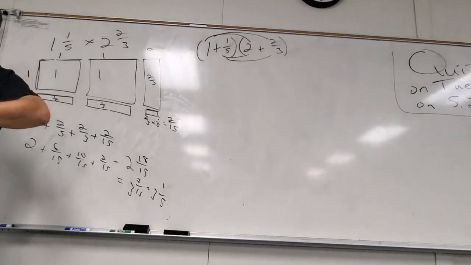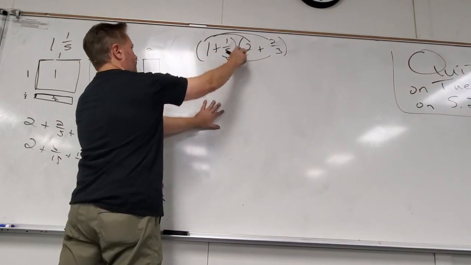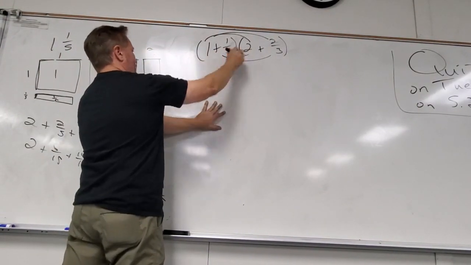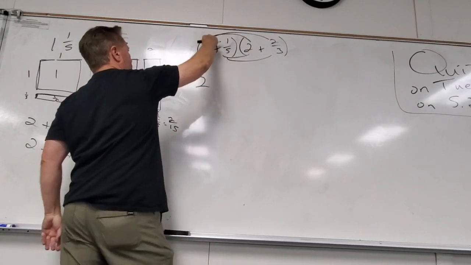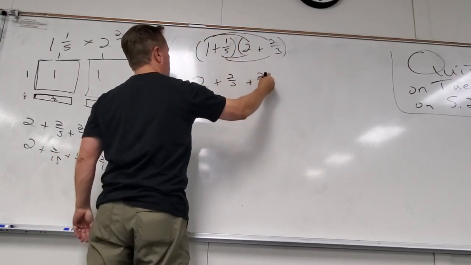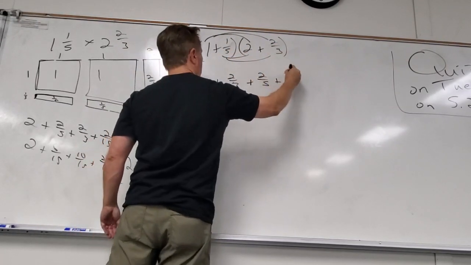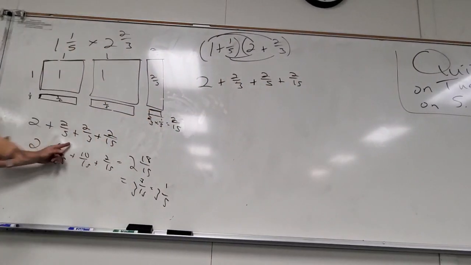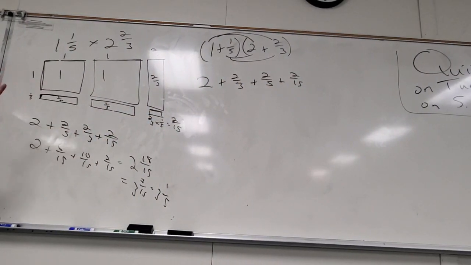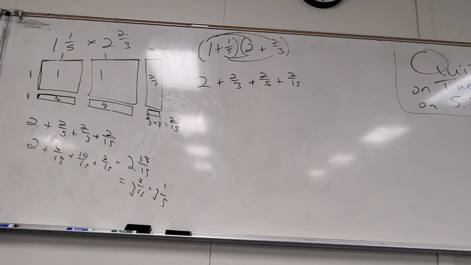It makes it feel like, oh, I couldn't do it if I didn't know that. So what do we get? You get 2 plus 2/3 plus 2/5 become a 3 plus 2/15, which incredibly enough is exactly what we got down there, right? Okay. All right.